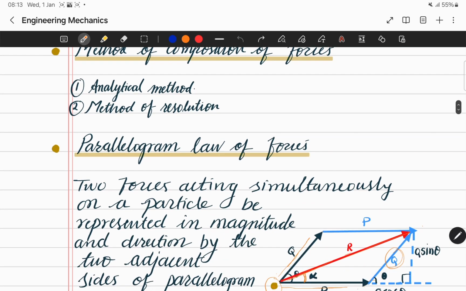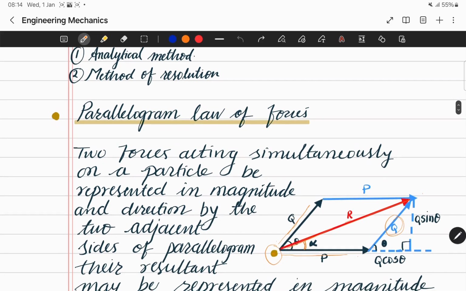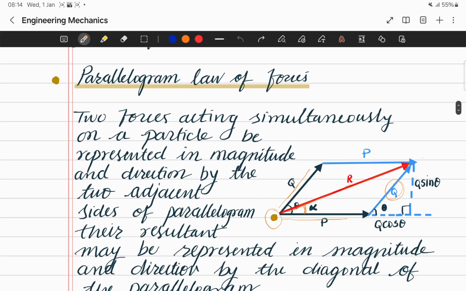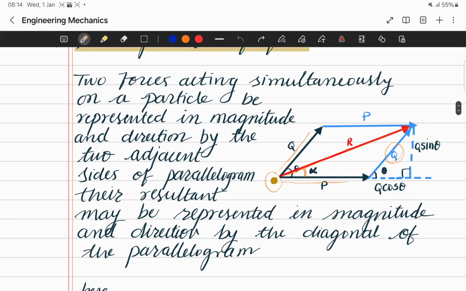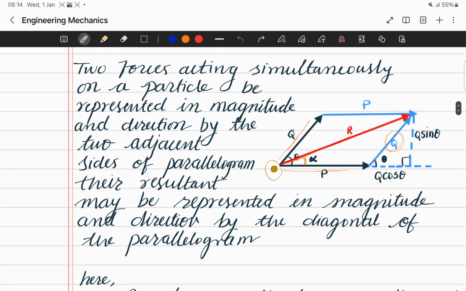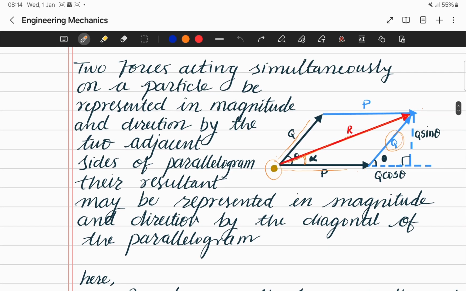Okay, so first of all we will see the parallelogram law of forces. If two forces acting simultaneously on a particle are represented in magnitude and direction by the two adjacent sides of a parallelogram, the resultant may be represented in magnitude and direction by the diagonal of the parallelogram.